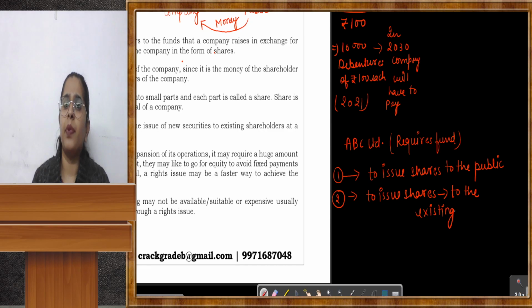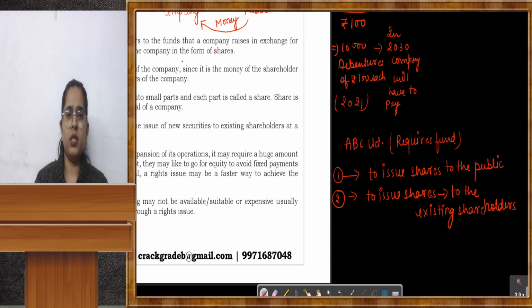What I'm trying to say is, the company can decide that okay, we already have some shareholders, so before going to the public, let us give the right to our existing shareholders that you people can buy shares from us. You people can take up shares and pay up the money.